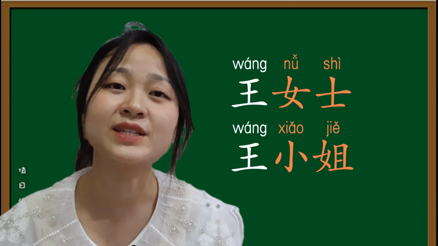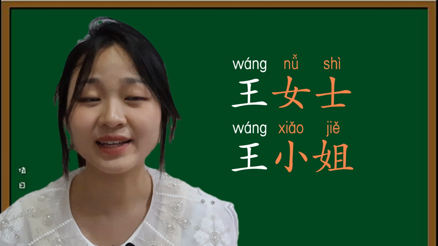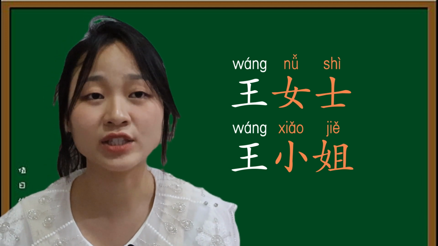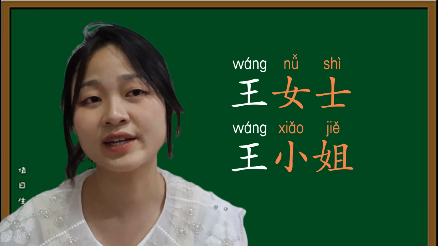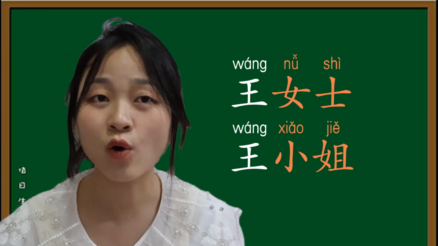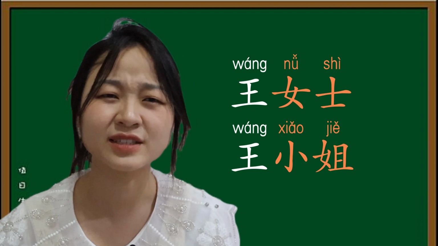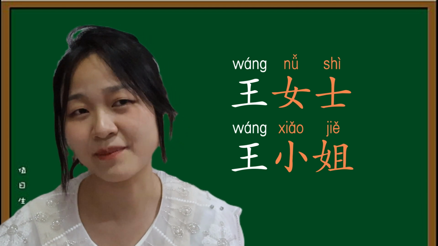The difference between 女士 and 小姐 is that 女士 is a common way to address a female, regardless of whether she is married or unmarried, while 小姐 is specifically for addressing unmarried females.